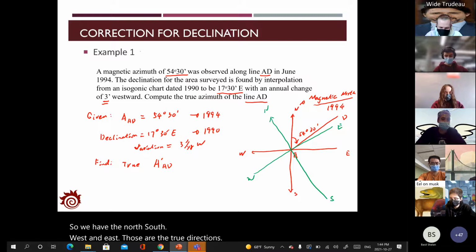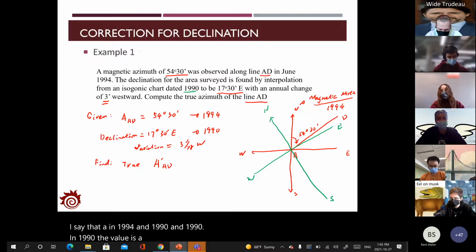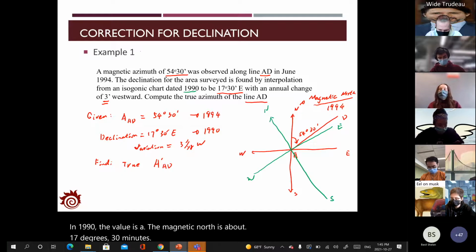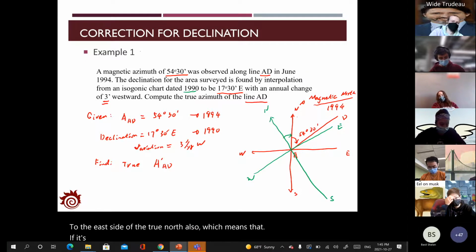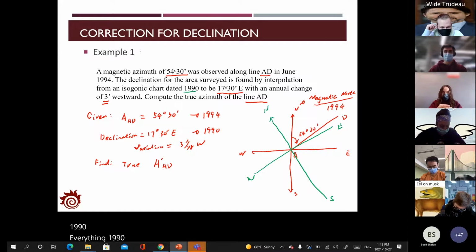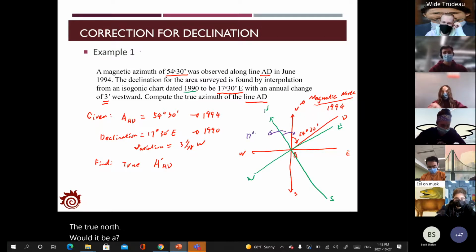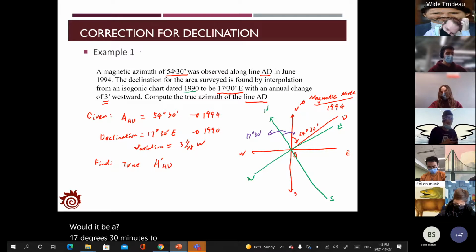Say that in 1990, the magnetic north is about 17 degrees 30 minutes to the east side of the true north.